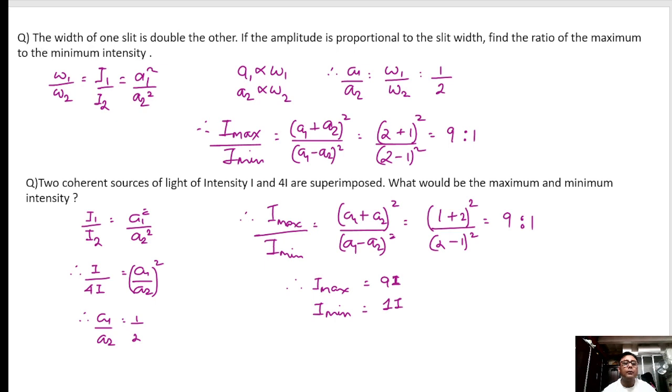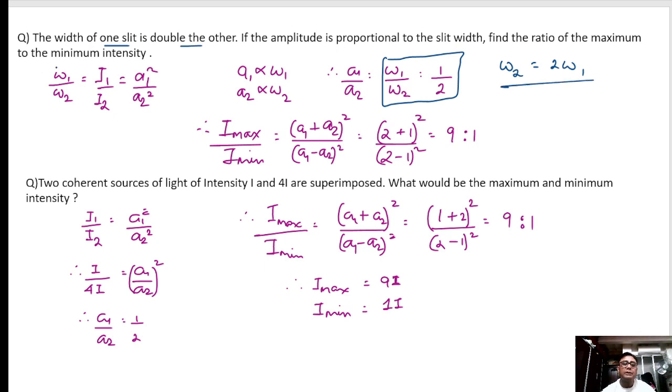the width of one slit is double the other. That means omega 1 is double of omega 2, or omega 2 is twice of omega 1. This is given to us.